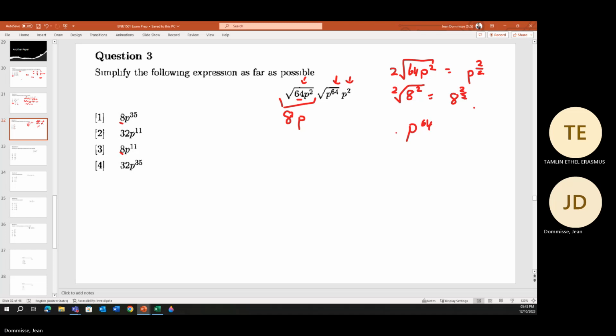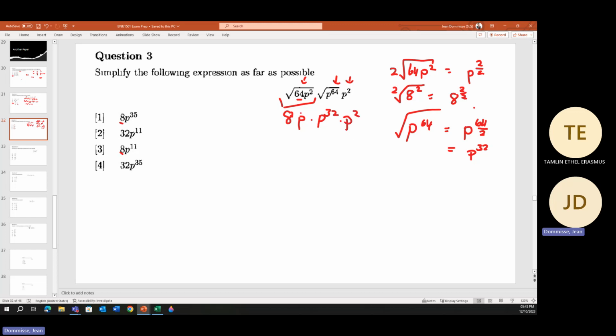P64, so that becomes P64 divided by 2, which is P52. So we will multiply by P52, and then that stays the same. There's nothing that we need to change there.